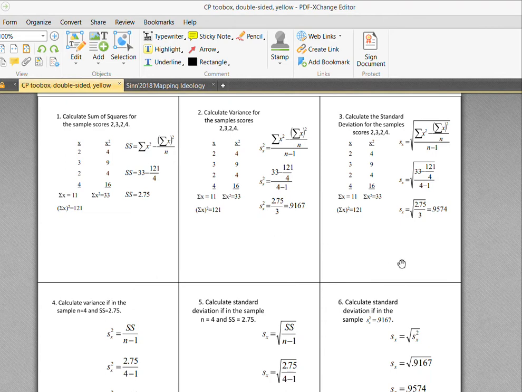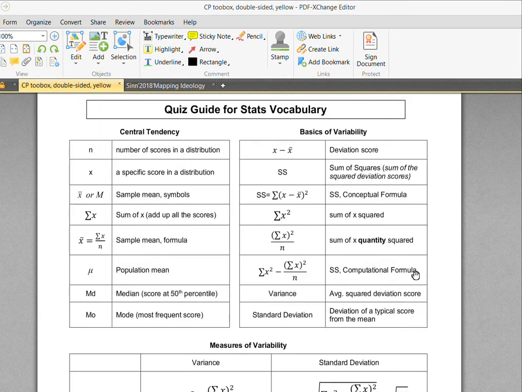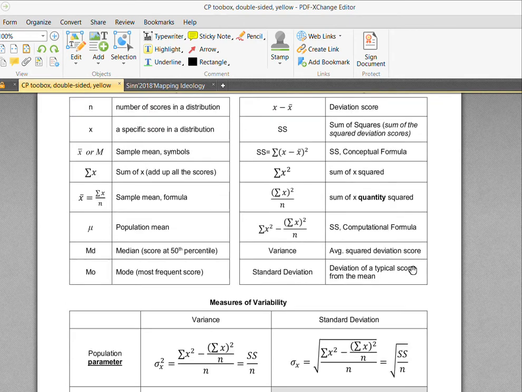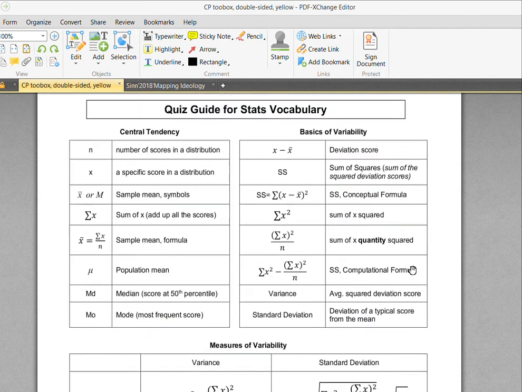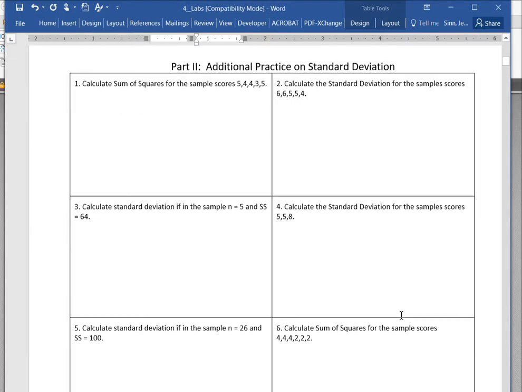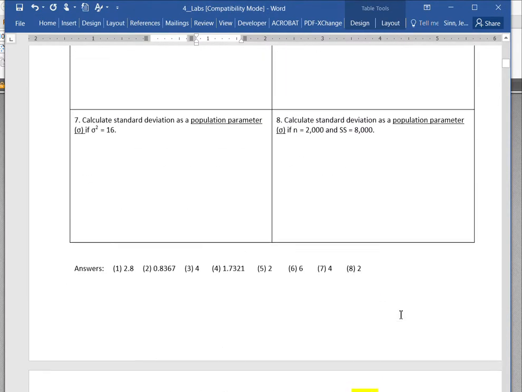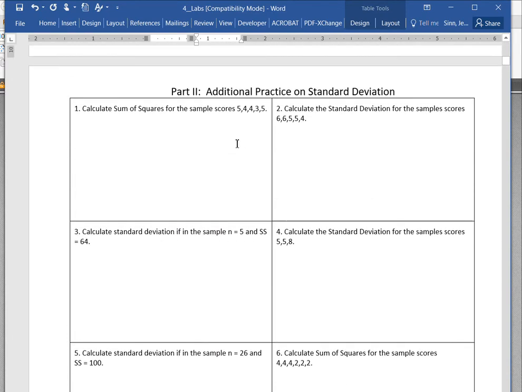And then near the front of your course pack, on toolbox page 1, I believe, are the formulas: sum of squares, sum of squares computational, and then the standard deviation formulas. But I think you might find that first sheet more helpful. Okay, and the answers are down here. So when you work these, you can check and make sure that you got the correct answer.